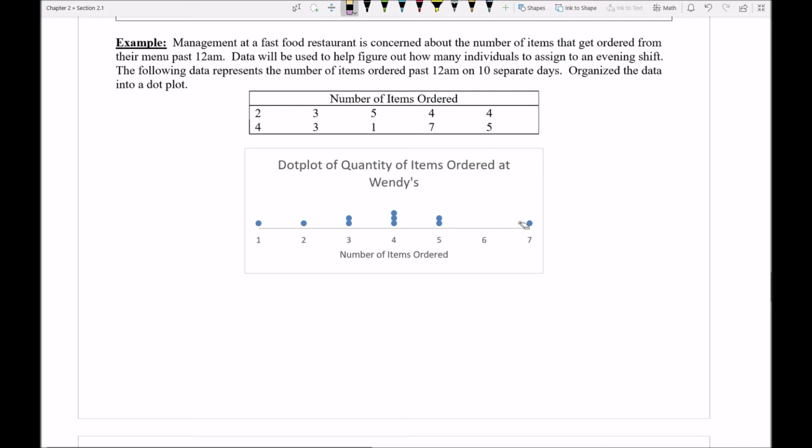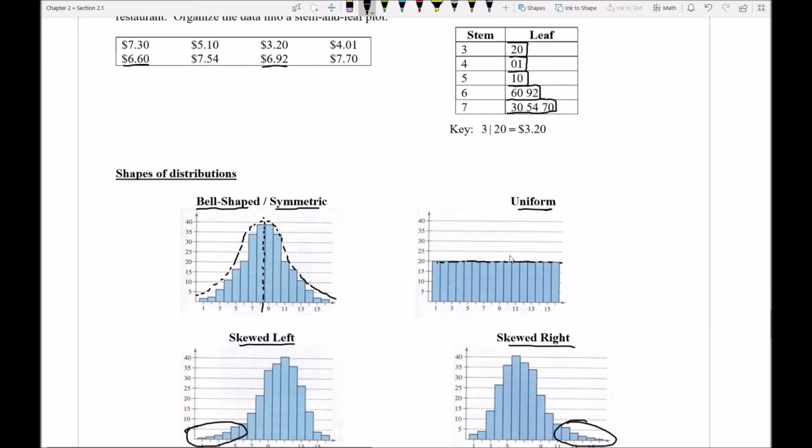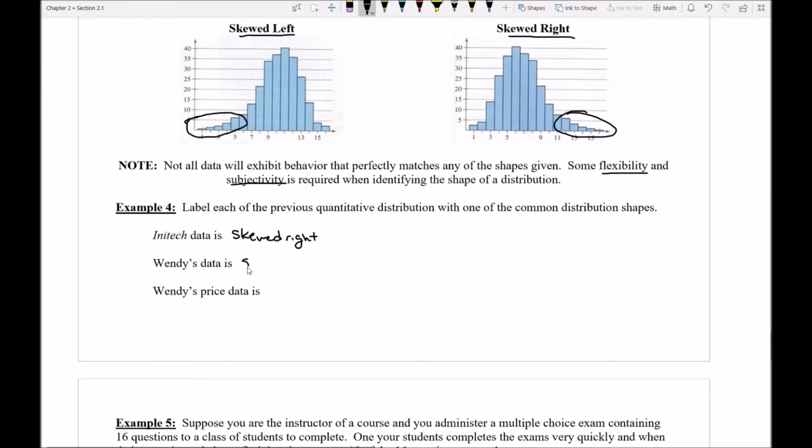But I could also see that if you can ignore this, it almost looks like it's skewed towards the left side, right? Okay. So again, some subjectivity is going to be involved here. I'm going to go ahead and say that this is probably closer to being symmetrical than anything else, and so I'll write that down here.